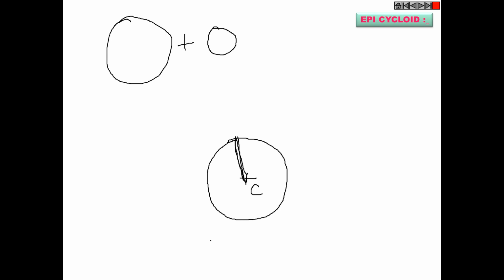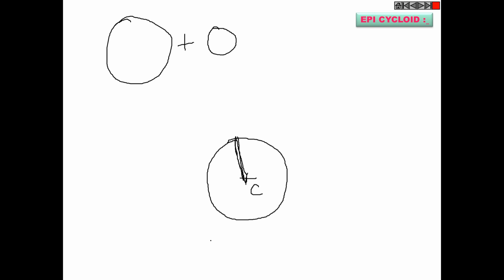Now see, I'm defining what an epicycloid is. Epicycloid is an engineering curve, the gear teeth profile, which you will get when you roll the smaller circle on the outer periphery of the bigger circle for one complete rotation.